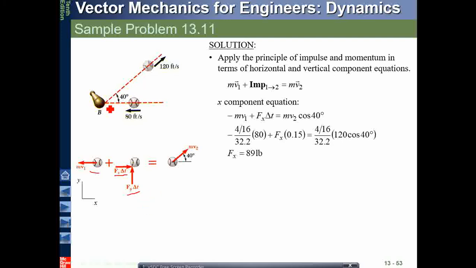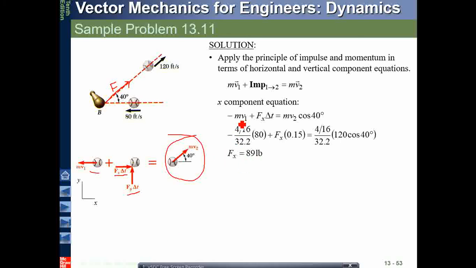Since we do not know the direction of the impulse force, we have broken it down into x and y components, and this is equal to the final momentum. We'll resolve all x components and all y components.